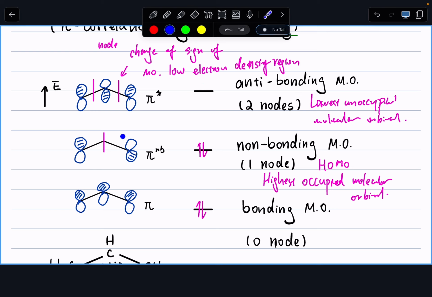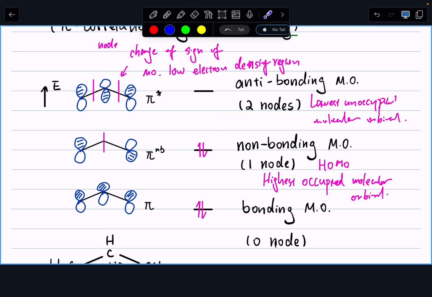Rule number 2, where is my anionic charge looking at this picture? Whenever there is a lobe, that's where my orbital is, and that's where my electron density is. So in this case, what are we predicting? We're predicting that the negative charge is evenly separated on the terminal carbons of my HOMO.